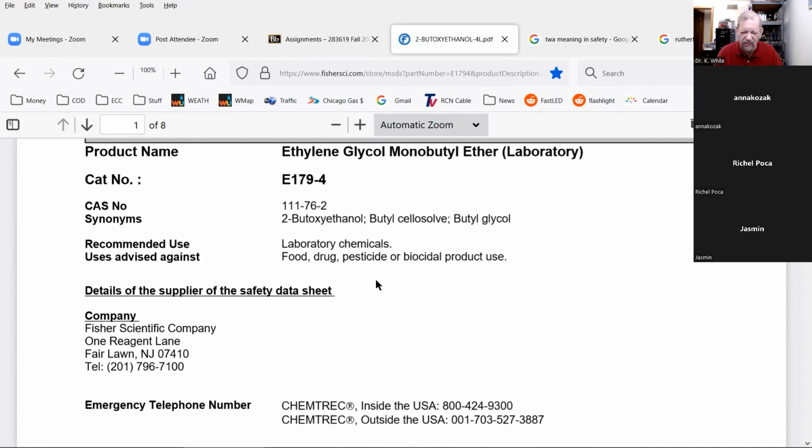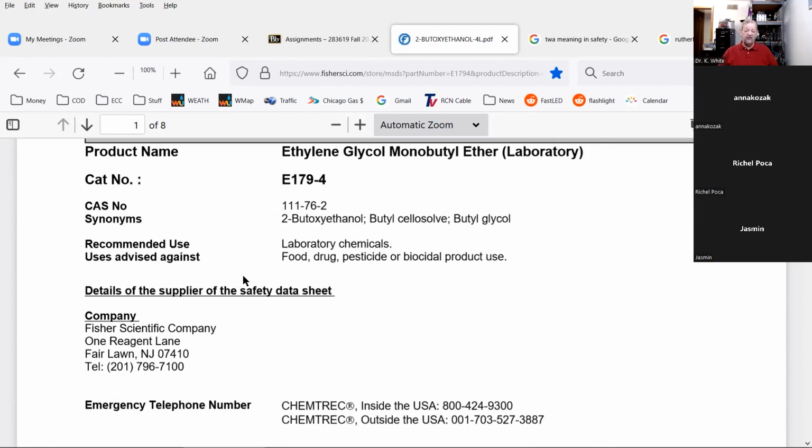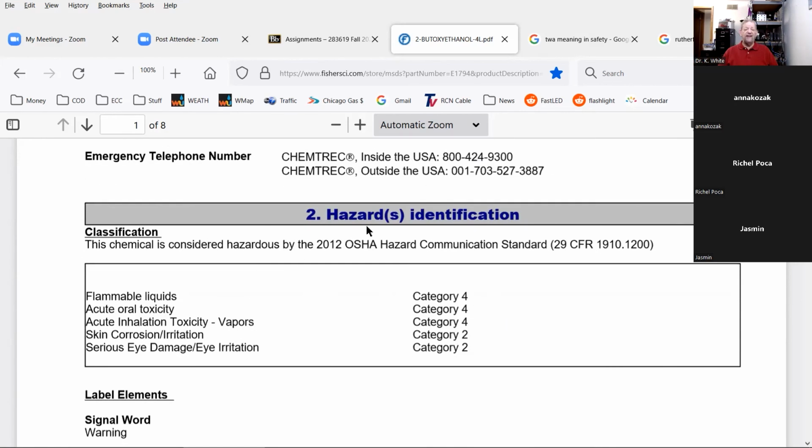I've worked at companies where I've invented chemicals, and I was asked to work with our safety people to write the MSDS sheet for chemicals I invented. You always see the name, some synonyms, other names, and then different types of hazards.